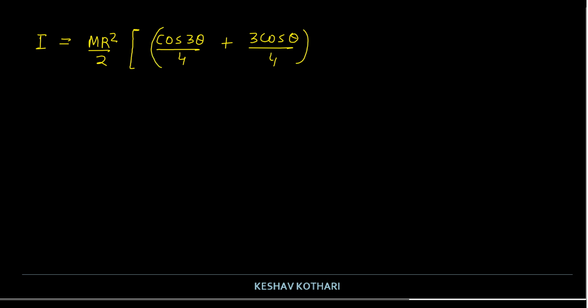So this expression is going to look like I is equal to mr square by 2, and the integration of cos cube theta can be written as cos 3 theta by 4 plus 3 cos theta by 4 in terms of d theta, and this integral is from minus pi by 2 to plus pi by 2.